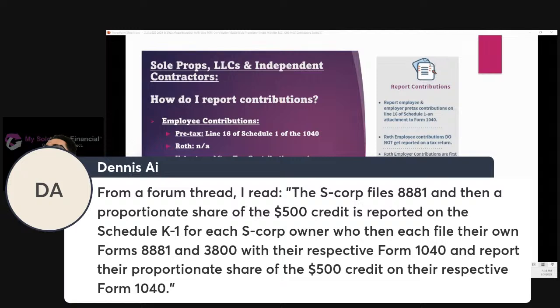Let me see if I can get your email and your account real quickly, because we did host a webinar with an IRS enrolled agent where we go through step by step how to complete these forms for all the different scenarios, whether someone's business is taxed as an S Corp or a sole prop, etc. Okay, wonderful.